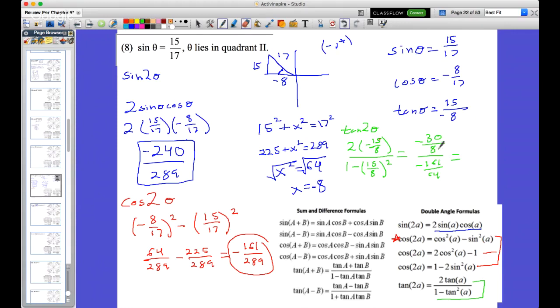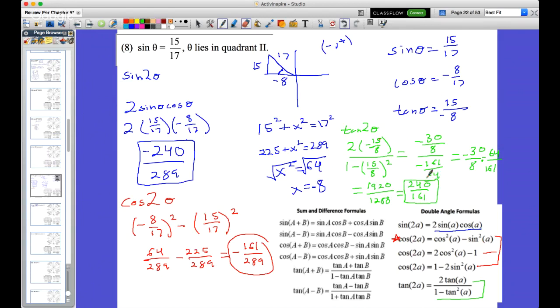And again, when you divide by fractions, you gotta multiply by the reciprocal. So it'll be negative 30 times negative 64 over 161. When that simplifies, that will give you 1920 over 1288, which you could simplify using your calculator to get 240 over 161.